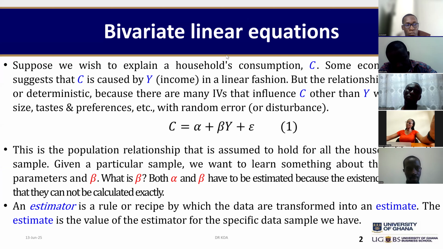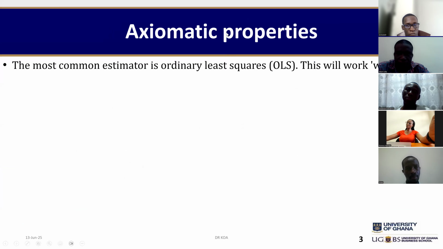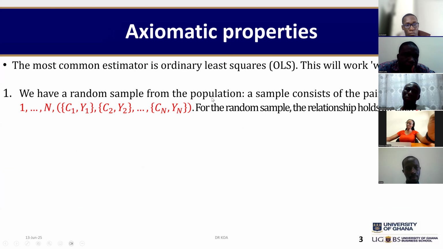Okay, we have GMM. There are several estimators that one can have. What it does is that it transforms the beta and alpha parameters into an estimate. And the estimate will tell you how well the model is doing.